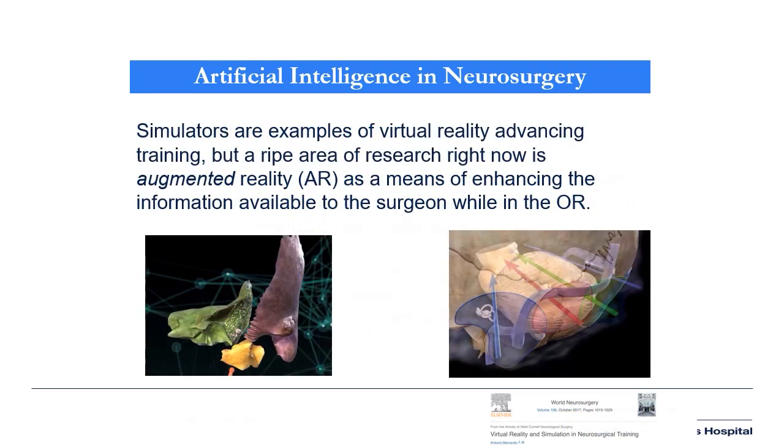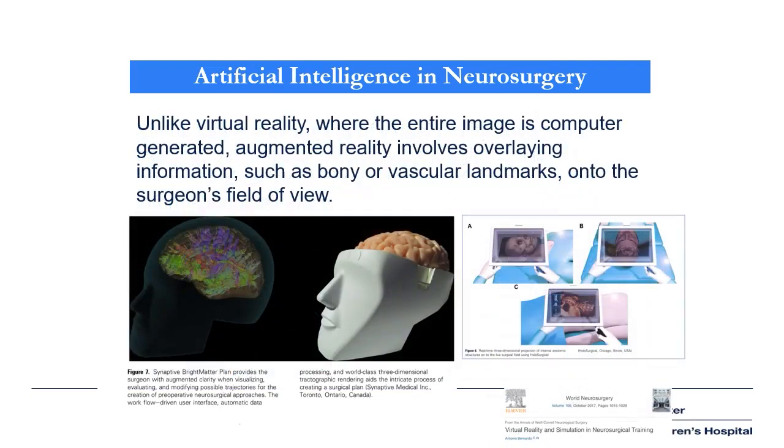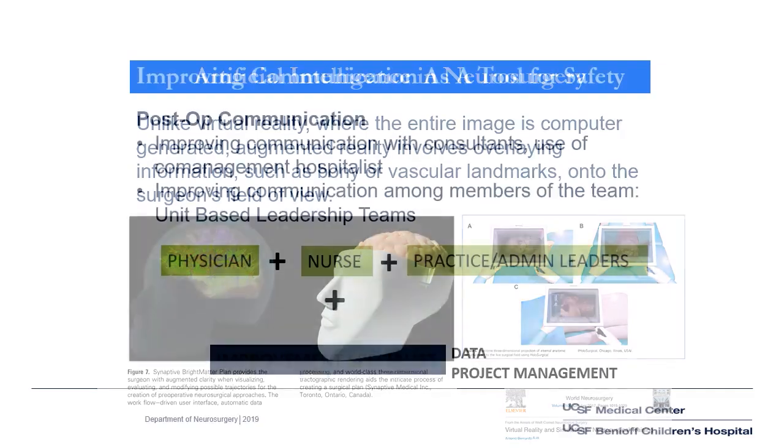Simulators are examples of virtual reality advancing training, and augmented reality is a mechanism for enhancing information available to the surgeon while already in the operating room. Unlike virtual reality, where the entire image is computer generated, augmented reality involves overlaying information, such as bony or vascular landmarks, onto the surgeon's field of view.